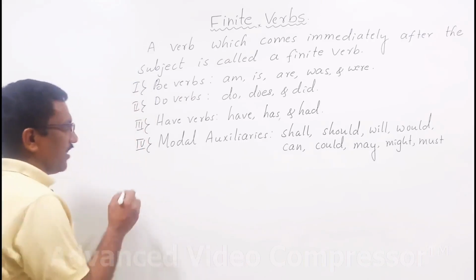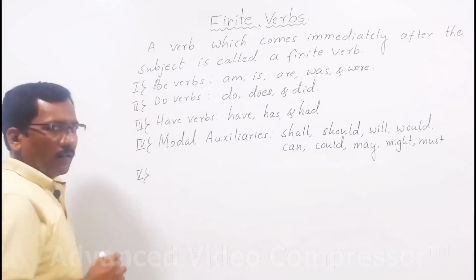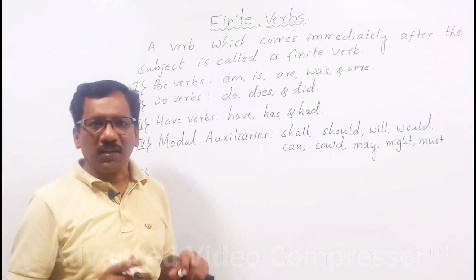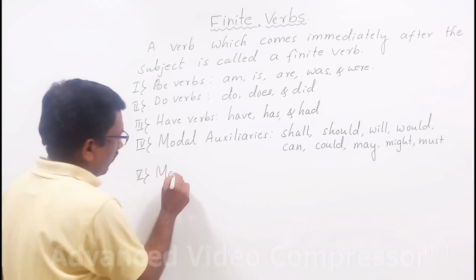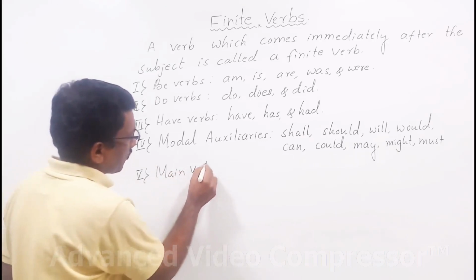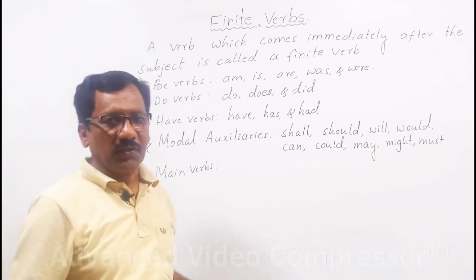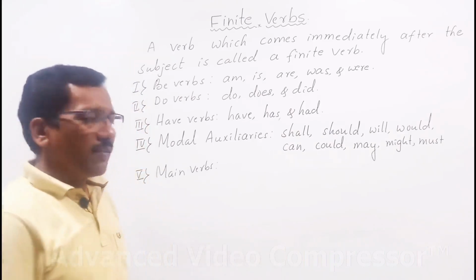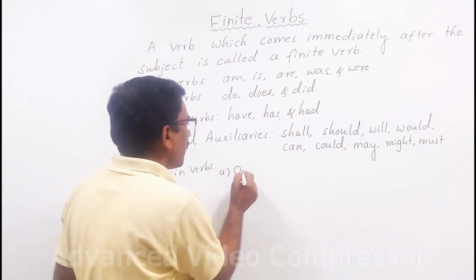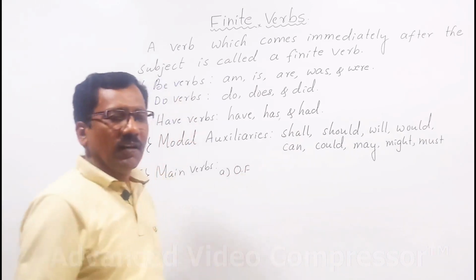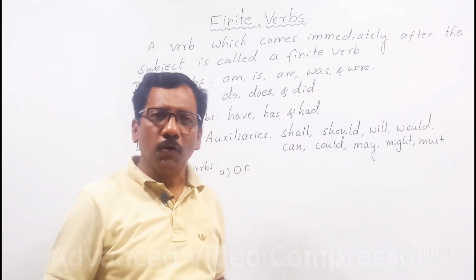Okay. Then, at last, we can see in English main verbs. Some main verbs in English are also considered as finite verbs. Main verbs like, for example, in which original forms are called base forms or root forms.